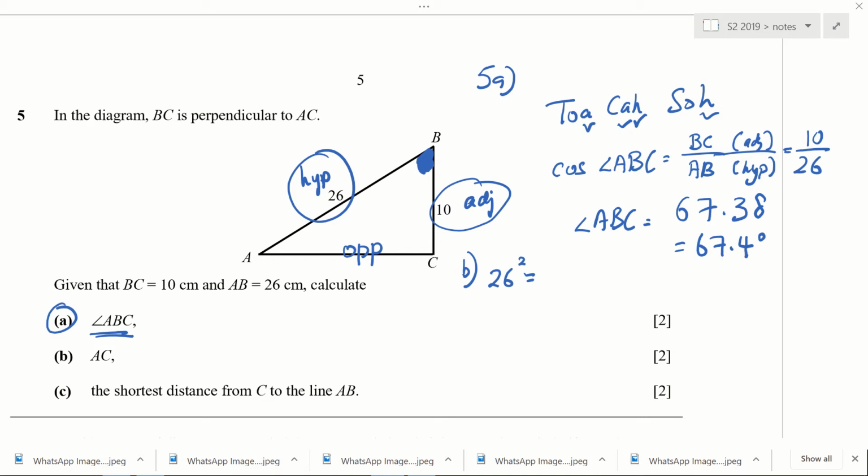So do you write something like that? 26 square equals to what? Very good. AC square plus 10 square. Then you want to work out AC, you calculate 26 square minus 10 square.